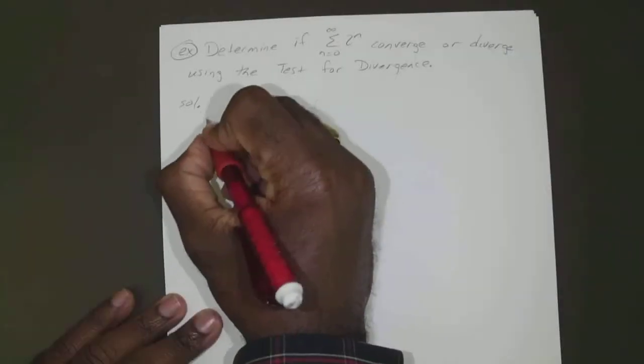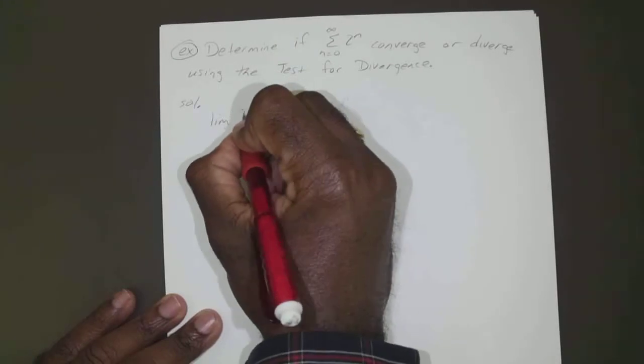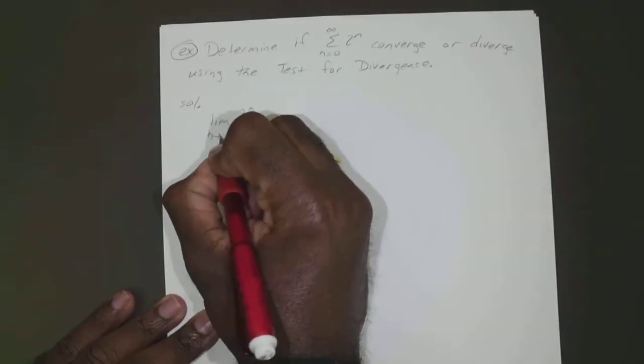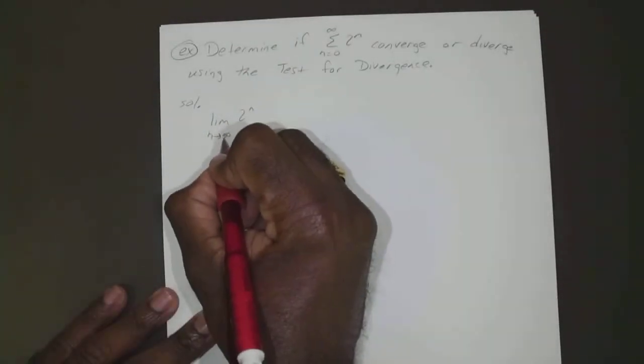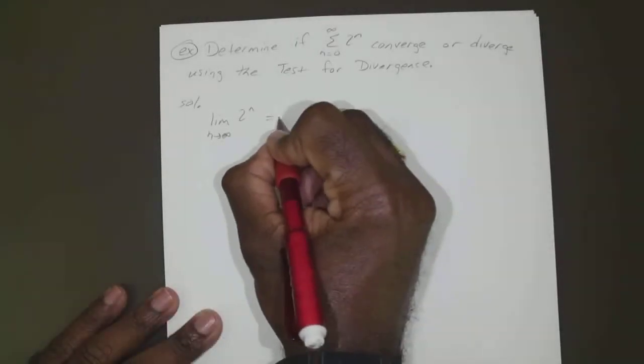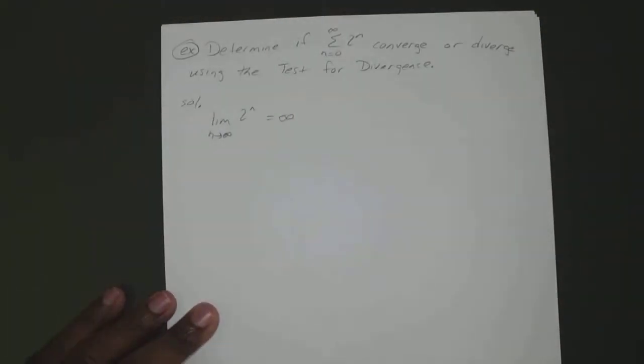Okay, so this one, you know the limit of 2 to the power of n as n approaches infinity. That equals infinity, which we know is not 0. So since it's not 0, by the test for divergence, it diverges.